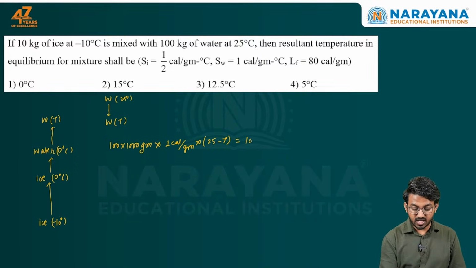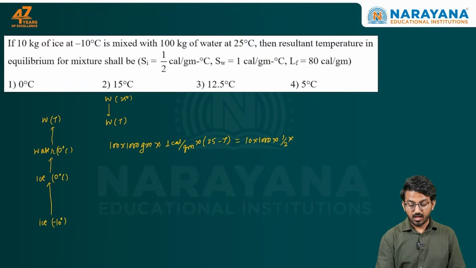And this is going to be equal to ice, which is 10 kg. Again, I need to convert it to gram. Into half is the specific heat here, multiplied by delta T, which is minus 10 to 0. That's going to be 10 here, plus ice is converting to water, which is again 10 into 1000 multiplied by 80. Again, continuing water going from, so again 10 into 1000.